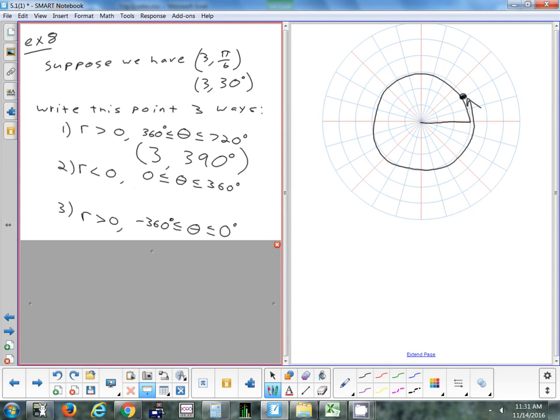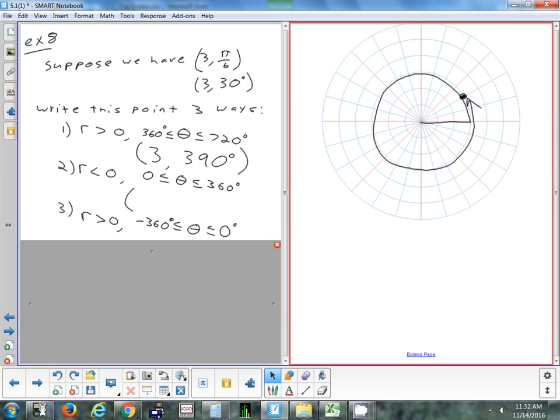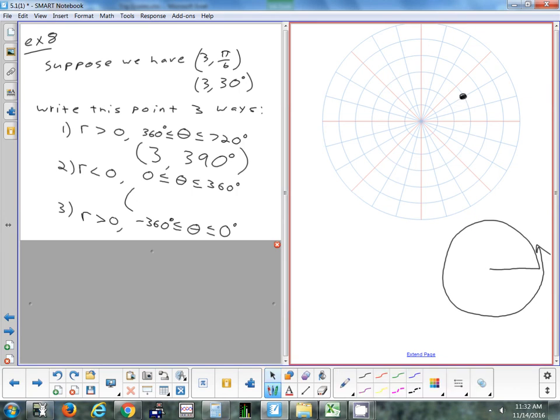All right, second one. All right, so Jesse, this time they want me to do it with a negative radius. So what would I have to pick for my radius this time? -3. Yeah, that's the only option. It's got to be -3. So I'm going to start here.